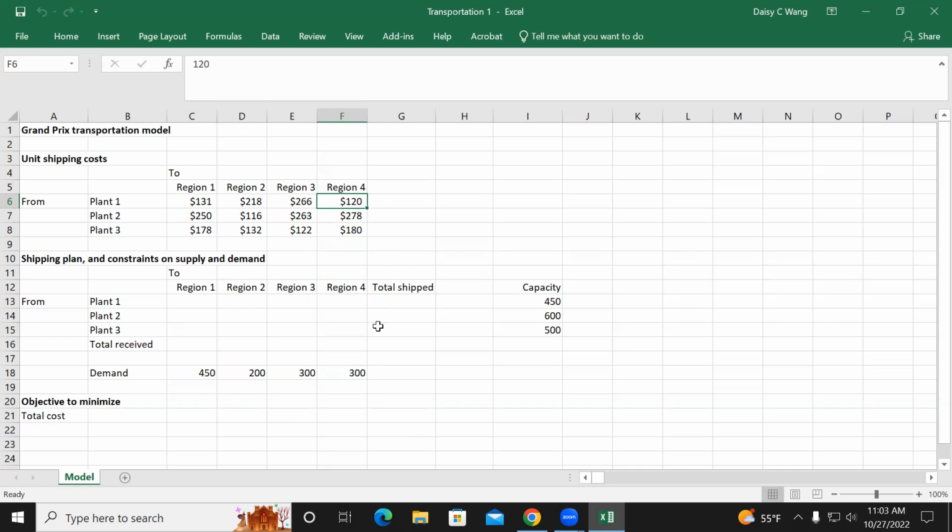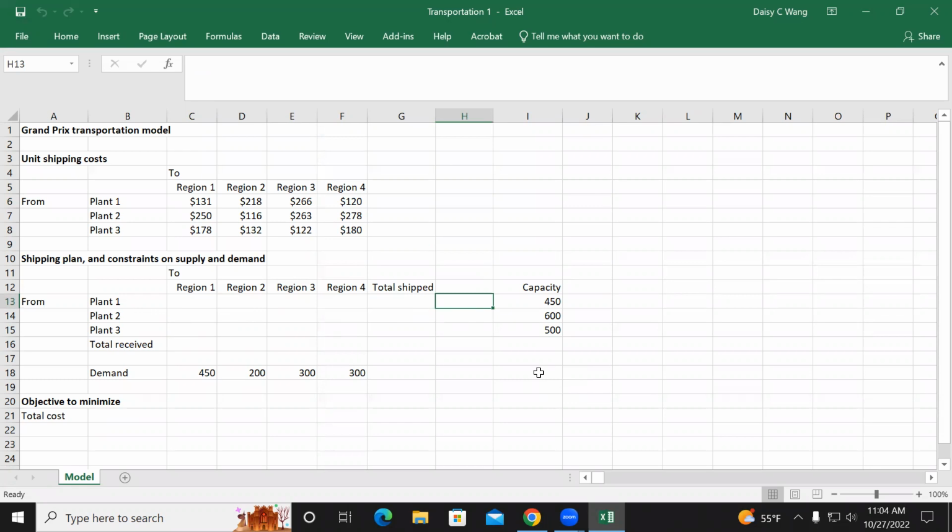In this model, we are going to see how many cars we are going to ship from plane 1 to regions 1, 2, 3, 4, and then plane 2 to regions 1, 2, 3, 4, plane 3 to regions 1, 2, 3, 4.